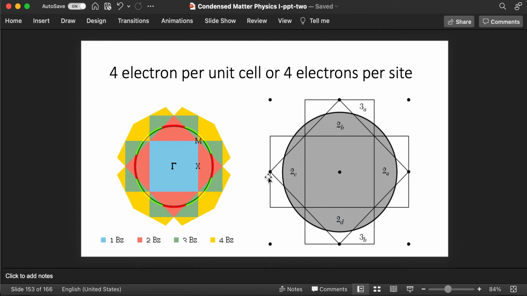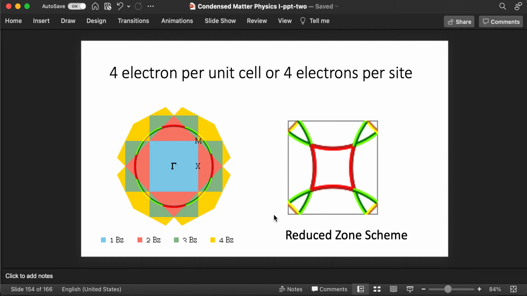Now, finally, for 4 electrons per unit cell or 4 electrons per site, this is a screenshot from Kittel, and this corresponds to this example here. Now you can see that the Fermi circle is so large that it actually cuts across 4 zones. It cuts the 4th zone, the 3rd zone, the 2nd zone, and it completely engulfs the first zone.